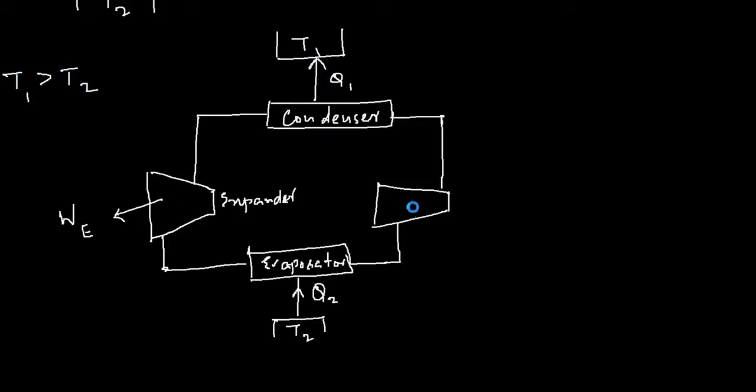Now we have the expander here and the compressor here. It's the same cycle, and the flow is like this. Because it's a compressor, it will take a work input, so you will need to give a compression work here.